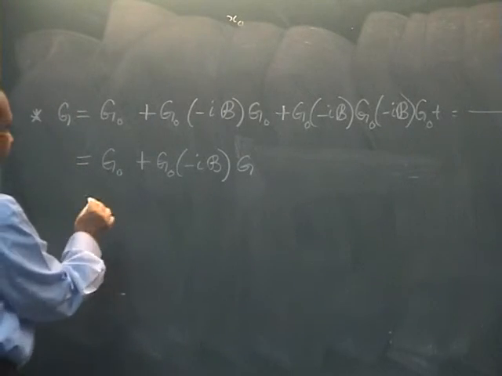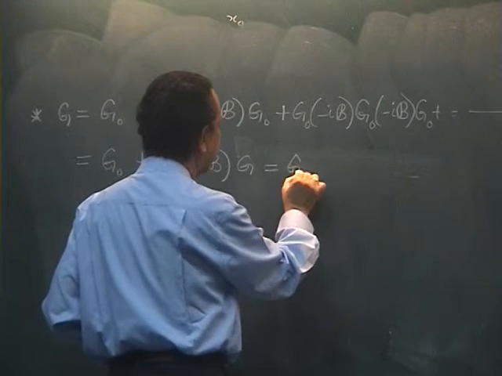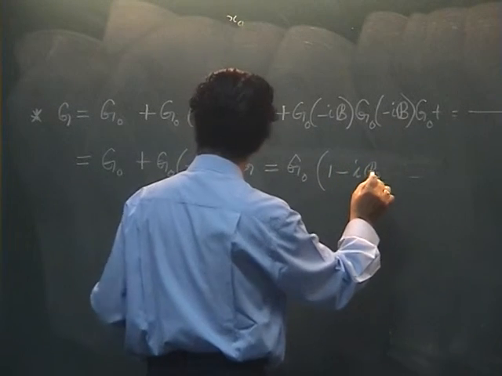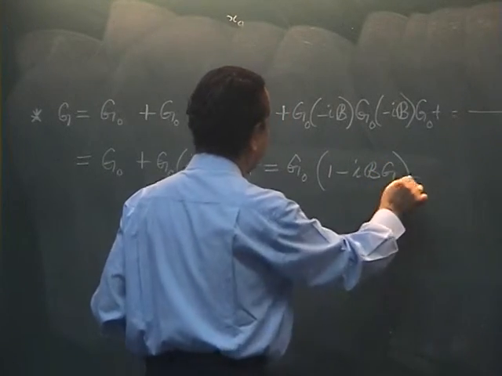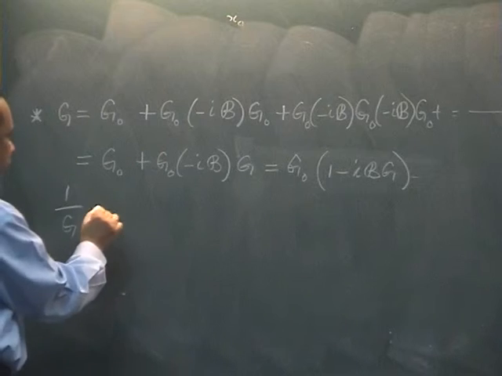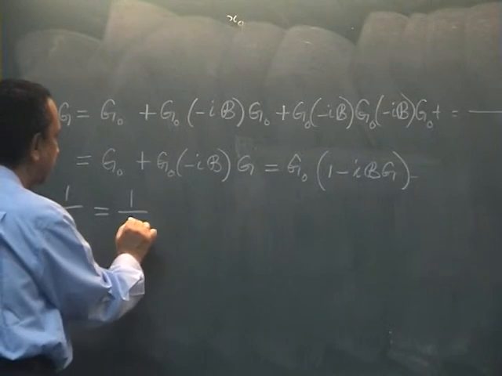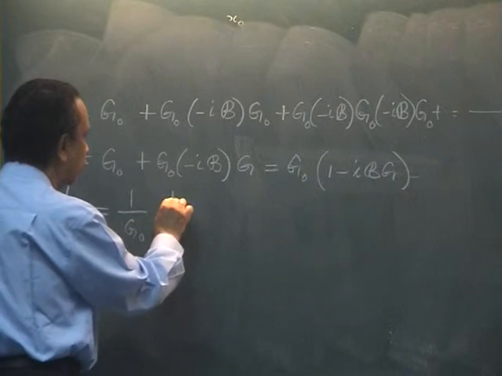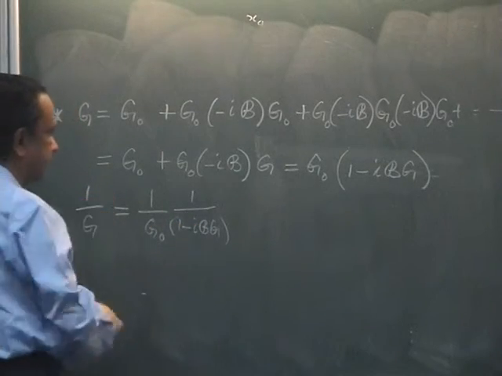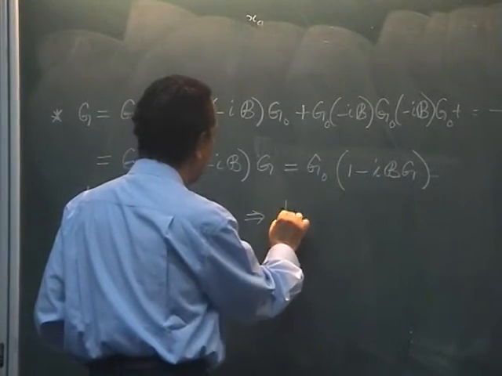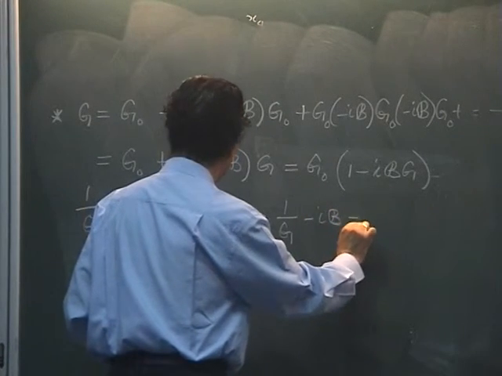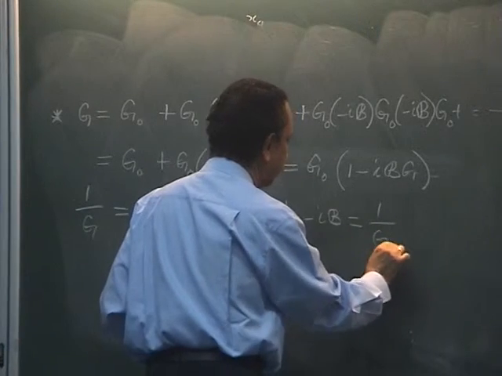So this tells you that the right hand side is equal to G naught into 1 minus i B G. So 1 upon G is equal to 1 upon G naught into 1 over 1 minus i B G. Make sure you understand this.